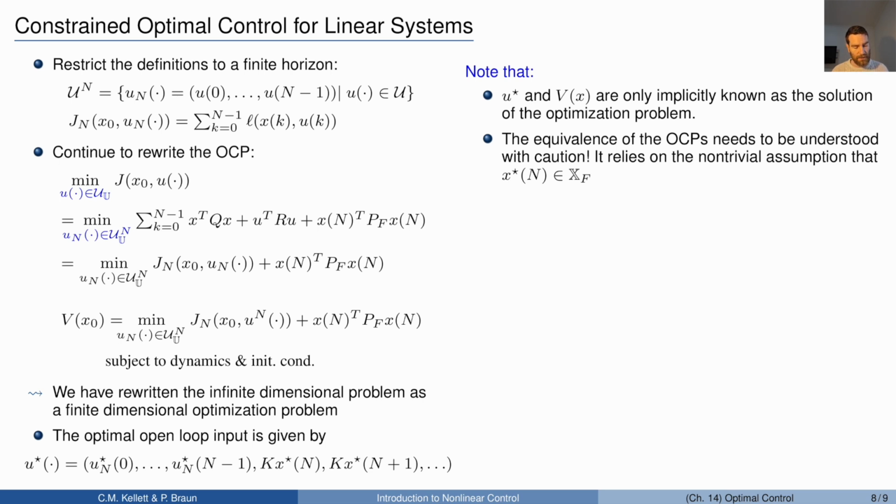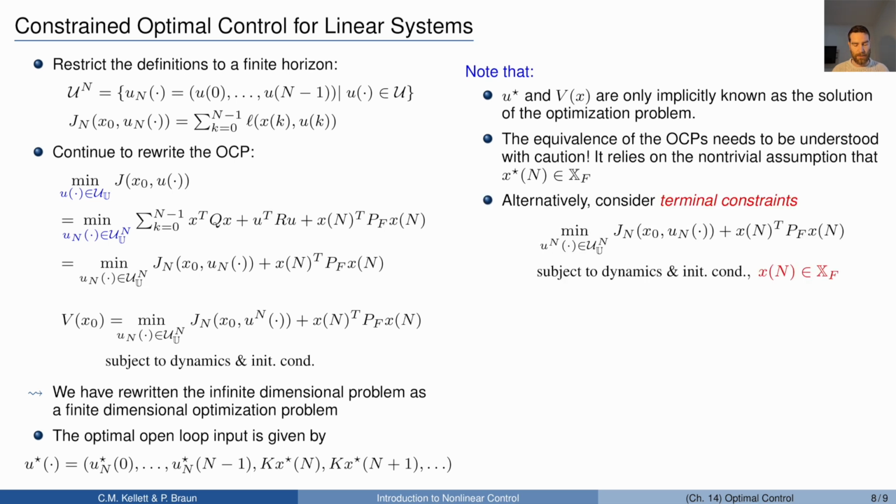This equivalence needs to be looked at with caution, because it assumes the non-trivial assumption that x_N star is contained in this sublevel set of the Lyapunov function. If we can guarantee that, then it's fine, but in general it's not easy to guarantee that.